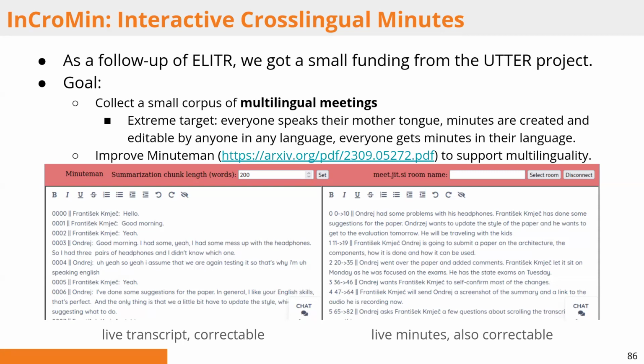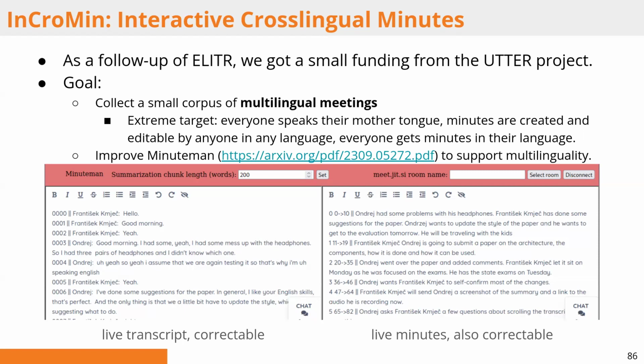So it's individual points in the right-hand side, which somehow summarize what has been discussed and what has happened. And it is an editor which allows everybody in the meeting to correct what the ASR has maybe misunderstood in the transcript, or what the summarization has miscaptured, misrepresented.